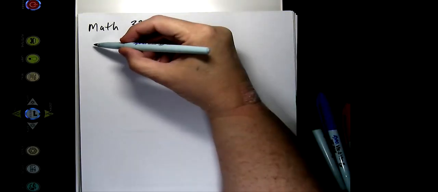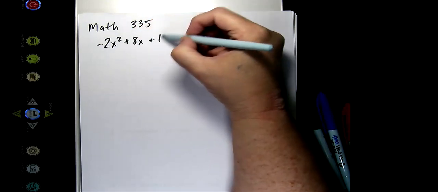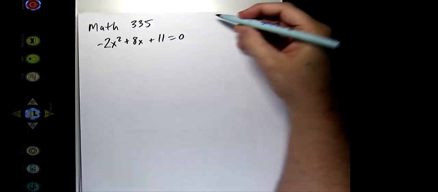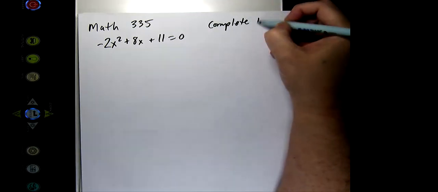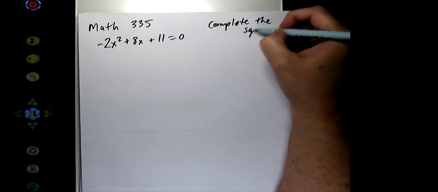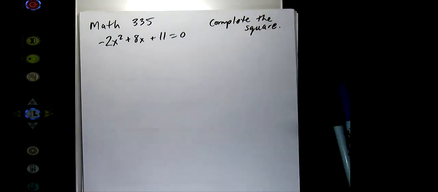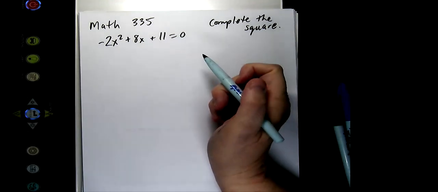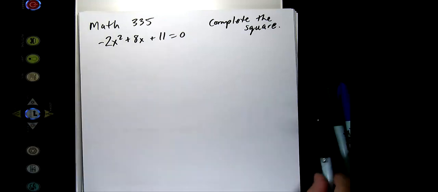So we have a problem, -2x² plus 8x plus 11 equals 0, and it wants us to complete the square. The best way to start off by doing this, we want to have the number in front of x² equal 1.